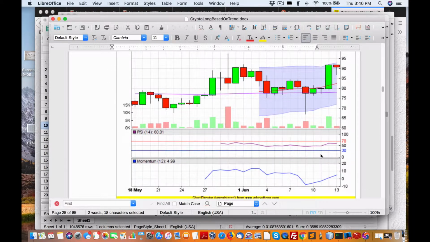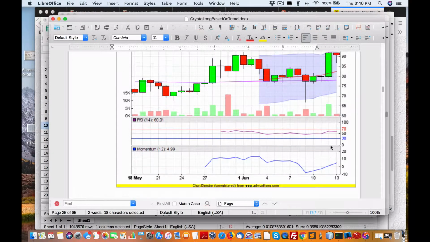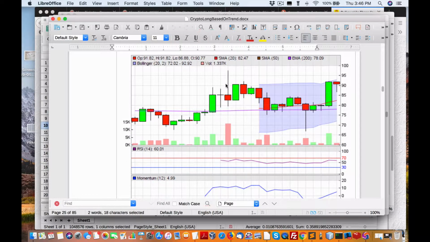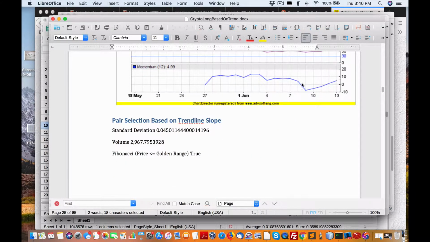Boom. Yeah, it's definitely positive momentum. That's a good sign. Yeah, this could be something to watch for. It's above the EMA, which is good. So this is a very interesting coin to watch and see how long that lasts.